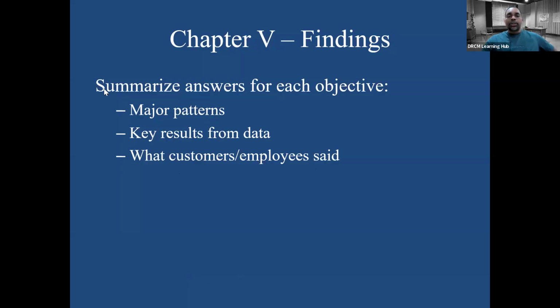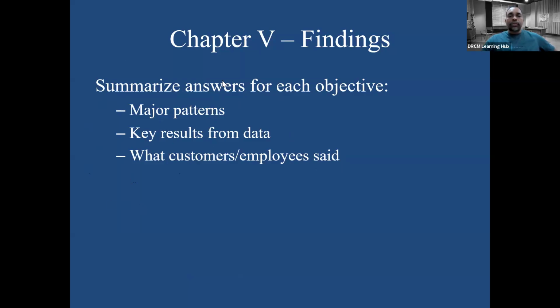For objective 1, what you found are the first objective results, first objective answers, then second objective results, second objective answers, third objective results, third objective answers. You are not writing like that in the findings.